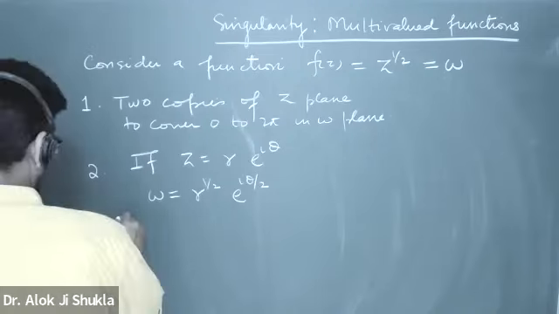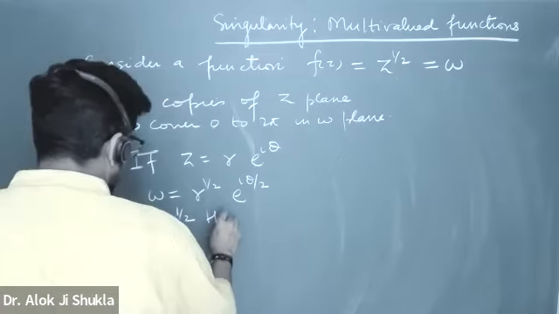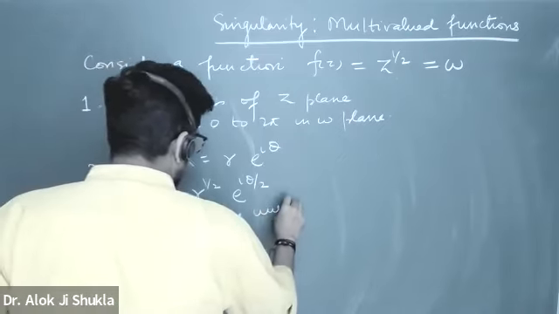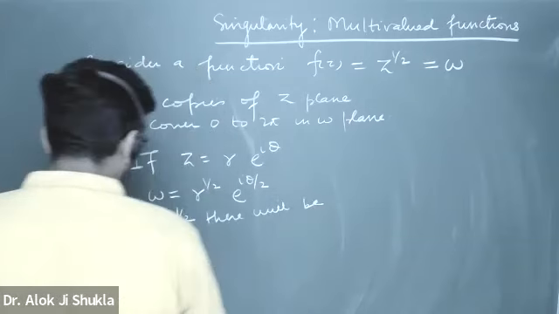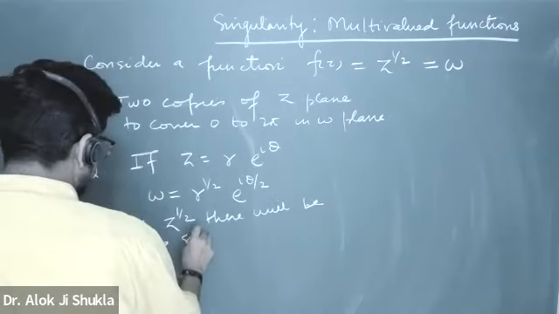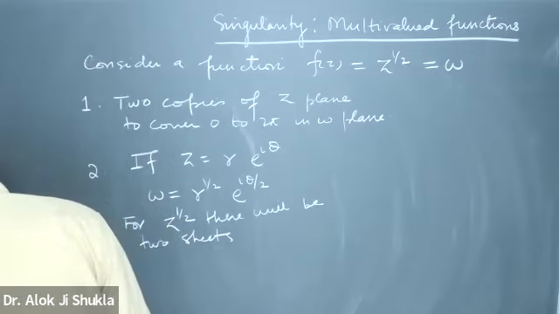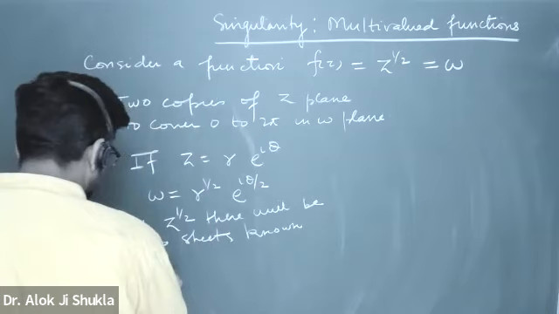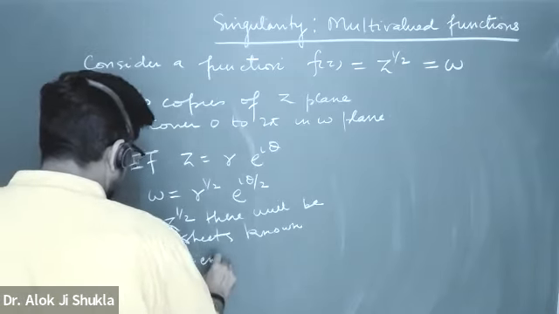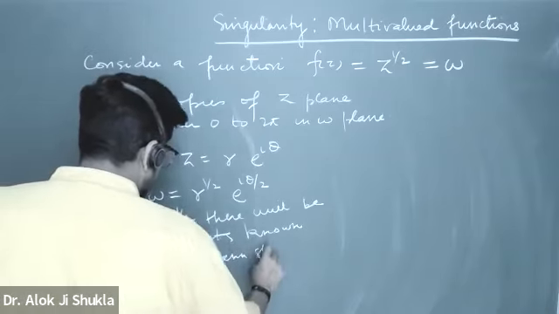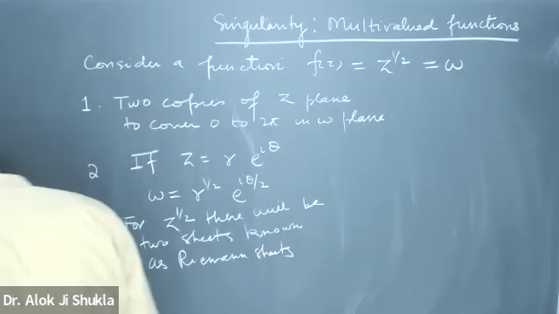So for z to the power half, there will be two sheets of the Argand plane, known as Riemann sheets.